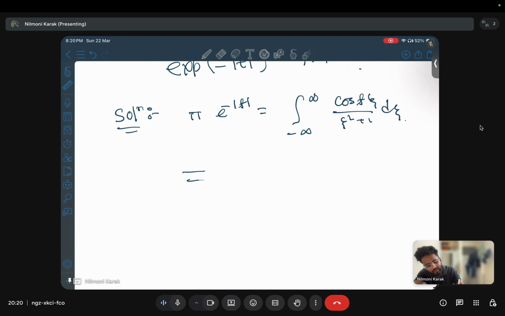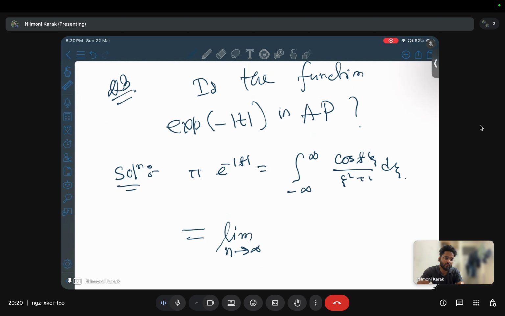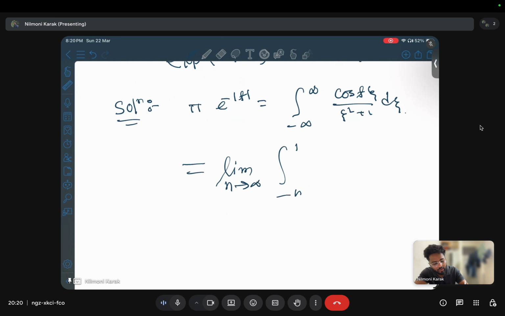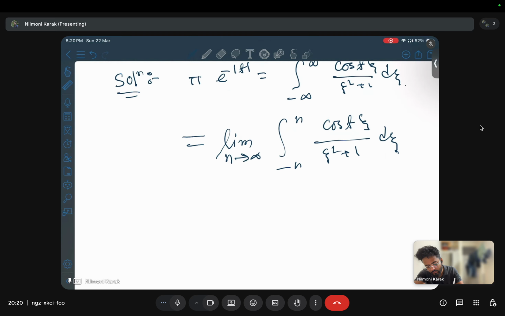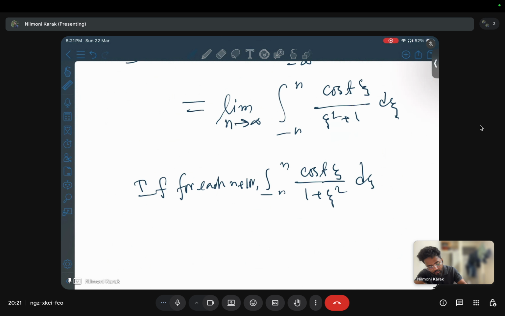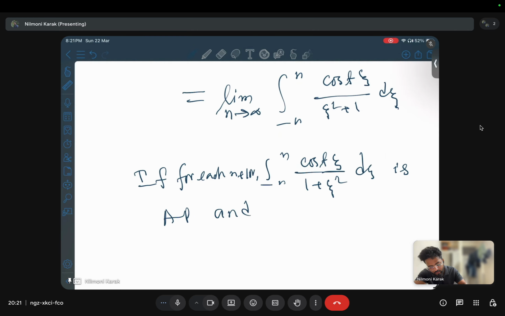We can write this using an algebra formula from AP, as the integral from minus n to n, and we take the limit as n goes to infinity, uniformly in t.